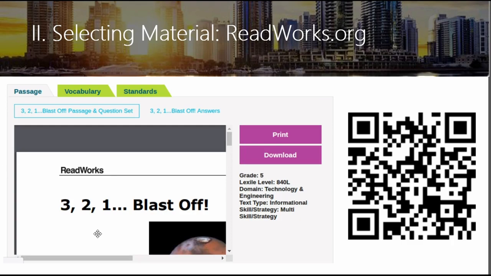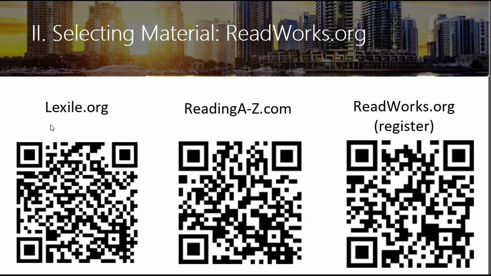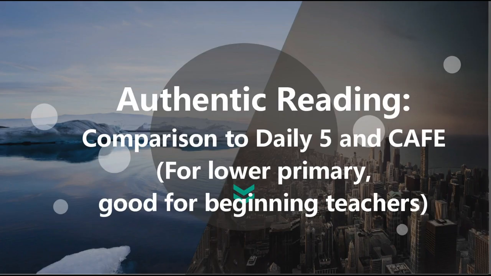You can download and print these. They have vocabulary already highlighted, but I suggest you not use that. And they have a question set already put in there if that's something you want to use. Here are the QR codes and the websites for the 3 that were mentioned previously.